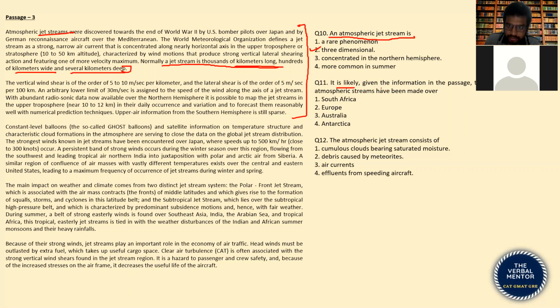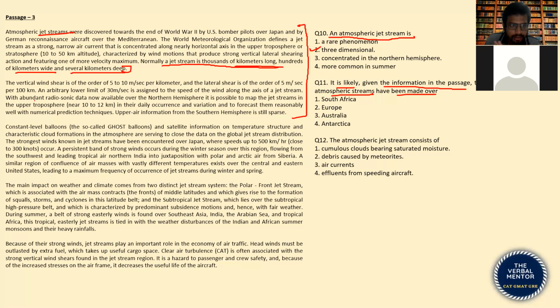It is likely, given the information in the passage, that detailed studies of atmospheric jet streams have been made over... Okay. Having read the first two paragraphs again, I knew I could answer this question if my basic geography is in place.